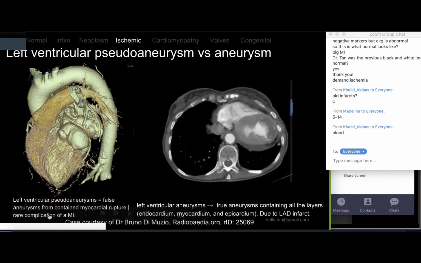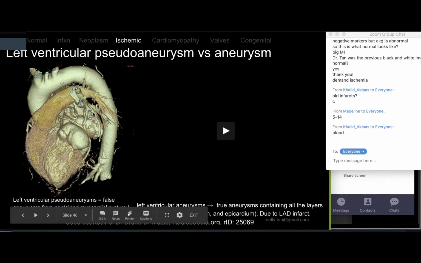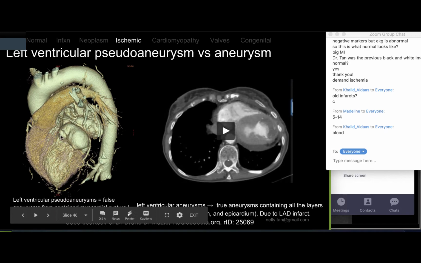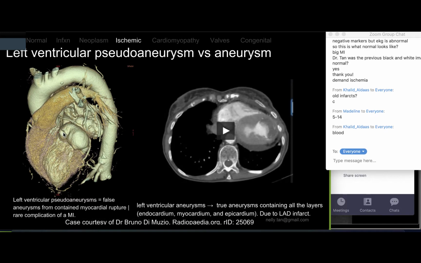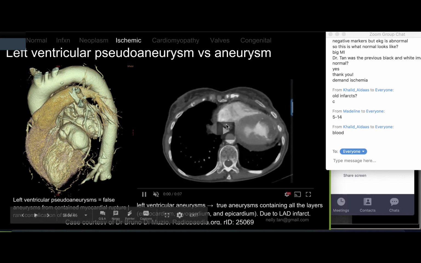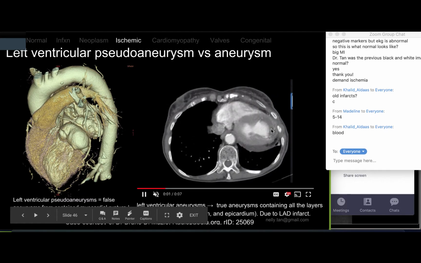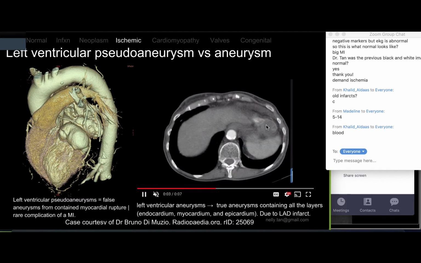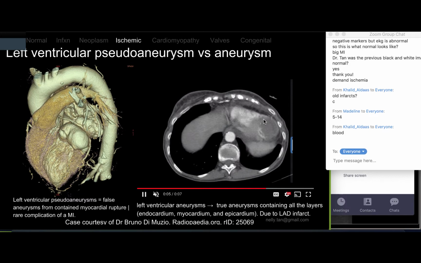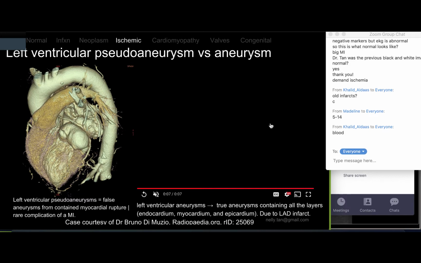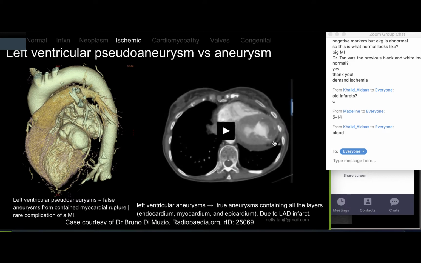The patient probably died. So here is a 3D reconstruction of the pseudoaneurysm that developed after the left ventricle ruptured with an MI. This, on the other hand, is the left ventricle bulging here, and it is thin, right? That tells you that the patient had a prior myocardial infarct of the apex, and then this non-enhancing thing is the clot.